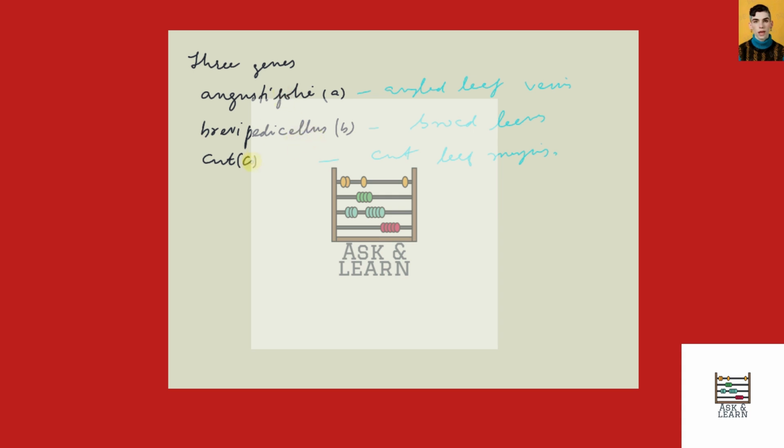So these three genes are linked on the same chromosome in Arabidopsis thaliana.